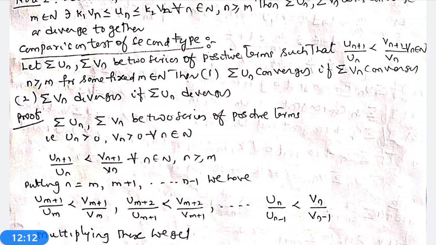That's why, putting n = m+1, m+2, ..., n−1 in the above given inequality, we will get u(m+1)/um < v(m+1)/vm, u(m+2)/u(m+1) < v(m+2)/v(m+1), and so on, up to un/u(n−1) < vn/v(n−1).